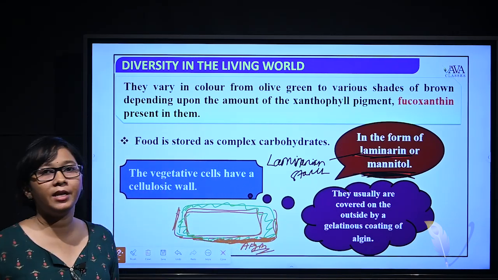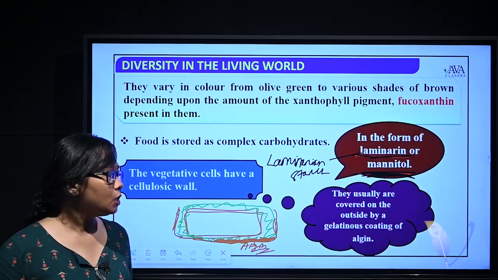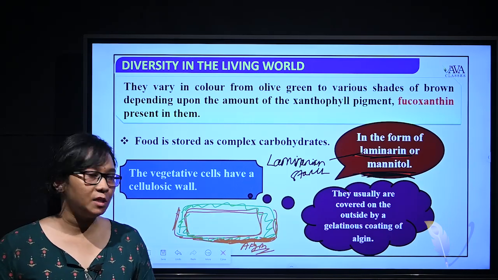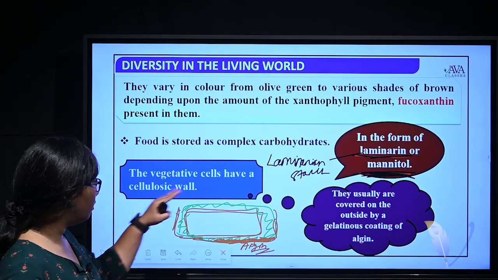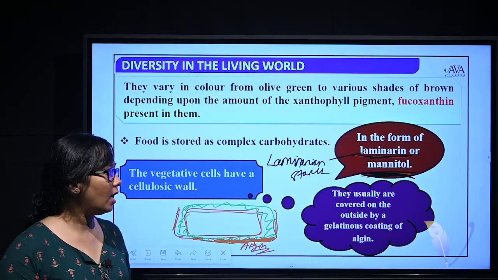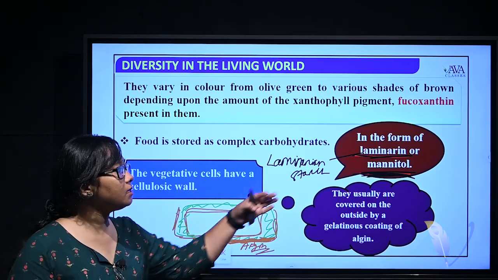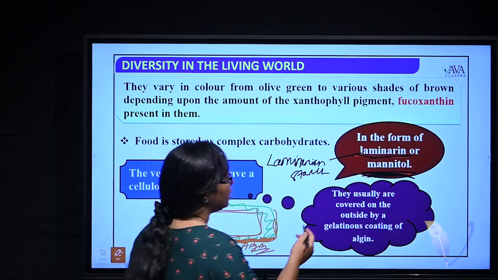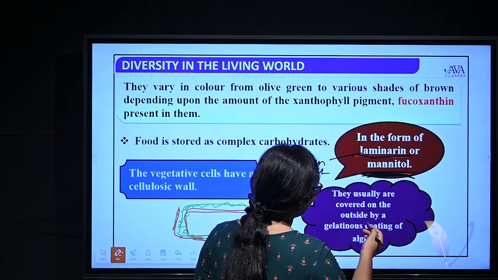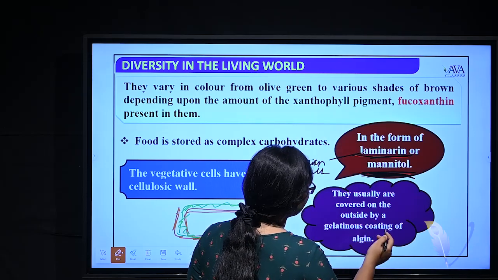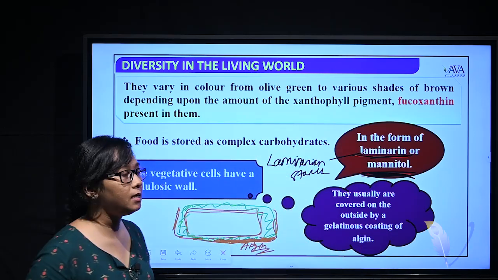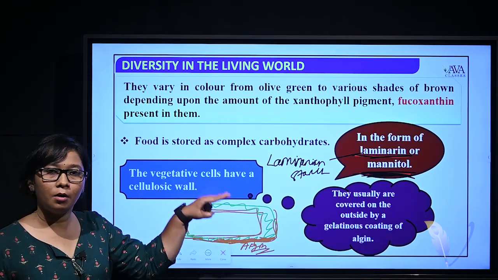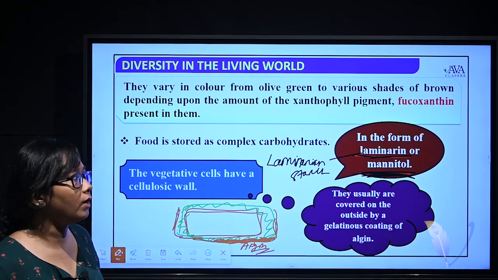Just like in green algae pectin is present, in brown algae algin is present in the outer wall of the cell wall. Clear? And the reserve food material is laminarin starch or mannitol. They usually are covered on the outside by a gelatinous coating called algin. It is the outer coating of the brown algae or phaeophyceae.